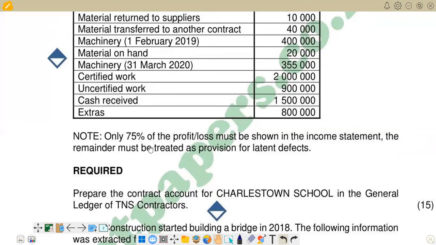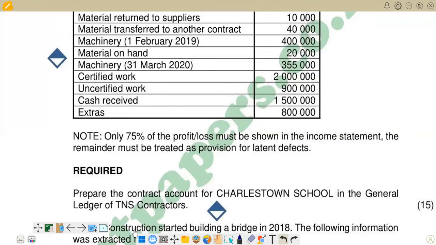If you've got a deficit on the debit side, let's say the credit side is greater than the debit side, so the difference is going to be the deficit. If it's on the debit, it means we're going to say 75% of that deficit, and that's the 75% that is going to be transferred to the profit or loss. And remember, if it's on the debit, we are going to debit the contract account, then we credit the profit and loss.